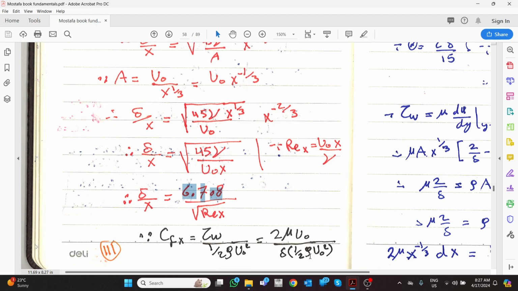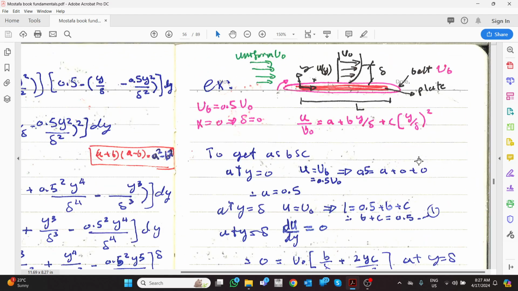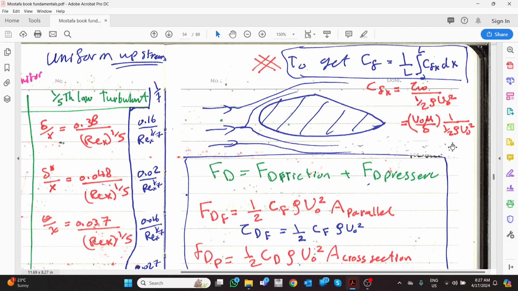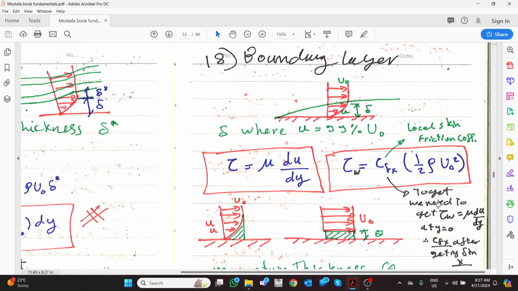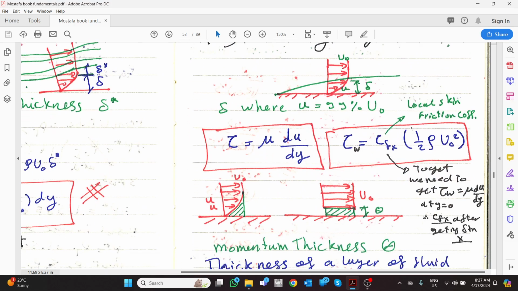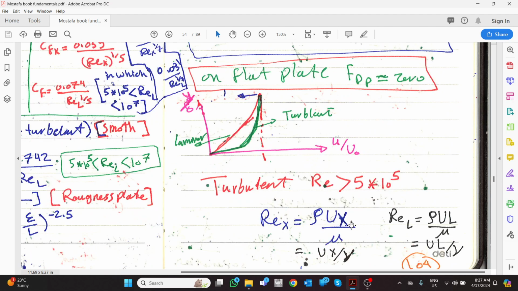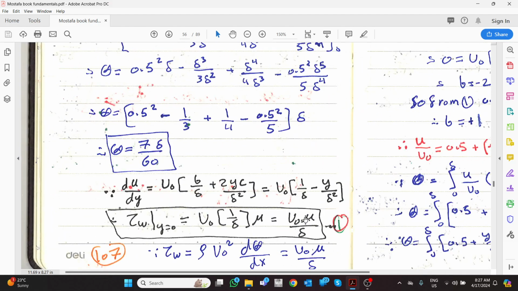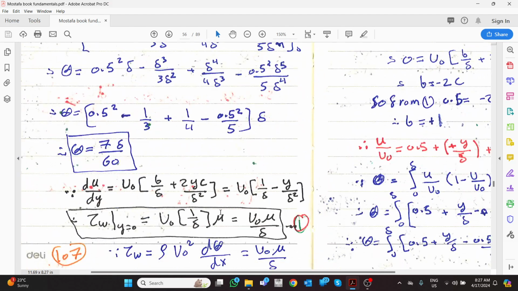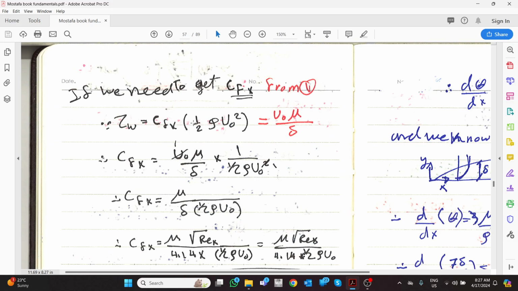So Cfx is the same concept as we agreed before. Tau first equation equals tau second equation. If we need to get the Cfx, this equation should equal the second equation, like what we did here. To get the Cfx, we know that tau is equal to this formula, and Cfx is equal to this formula as well.